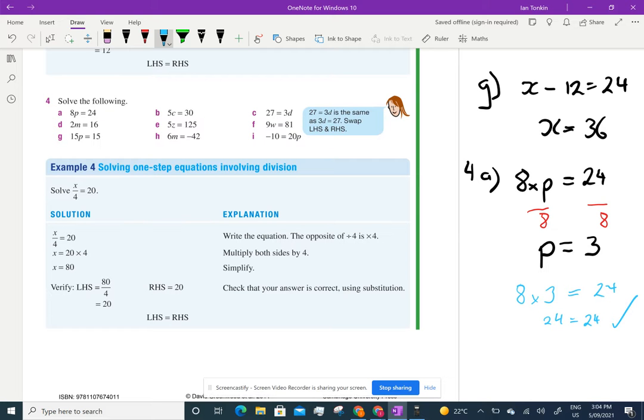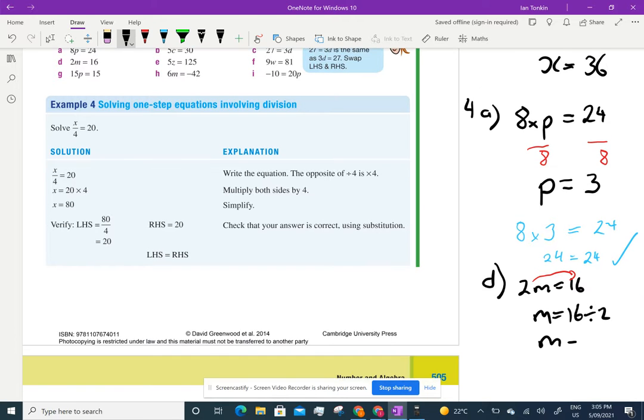All right. You have a go at the next two before I do. Fast forward if you get them. D, 2m equals 16. I'm just going to divide that 2 away. I'm going to divide by 2. So I'm going to get m equals 16 divided by 2, which is 8.